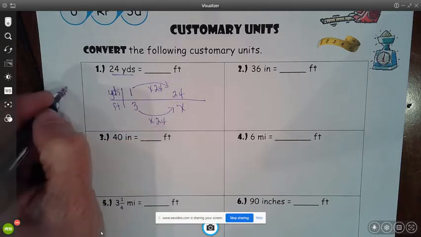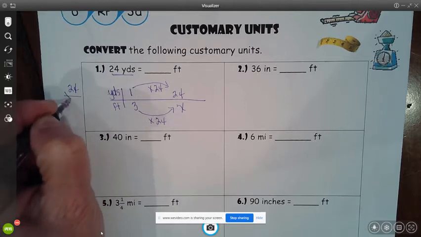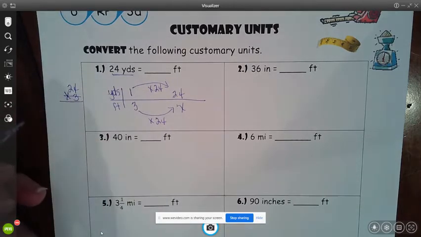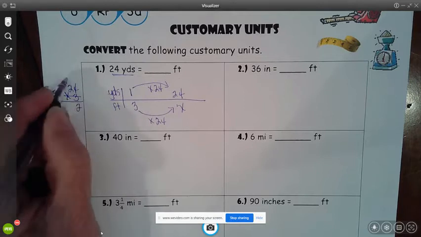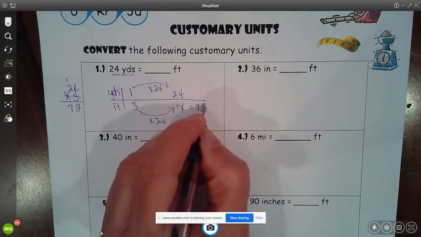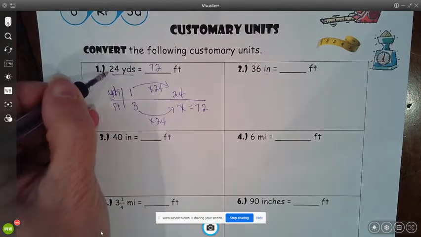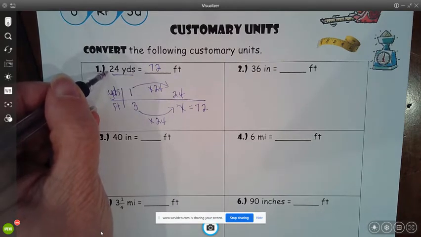So I'm going to come over here and do the math. Oops, sorry. A little too quick there. 12, carry 1, that's 7. So X is actually 72. So what this tells me is that 24 yards is equivalent to 72 feet.